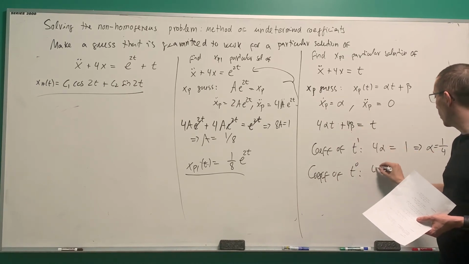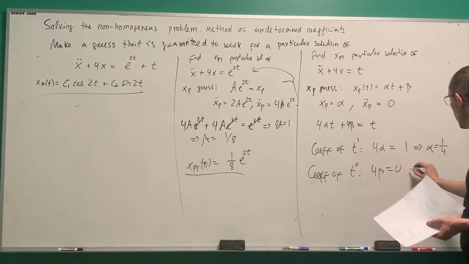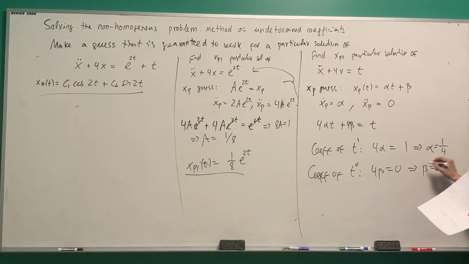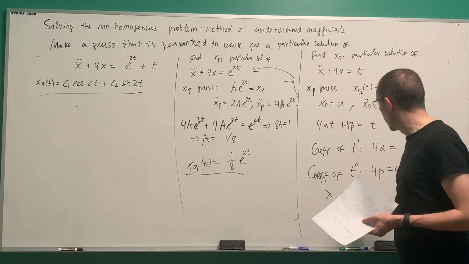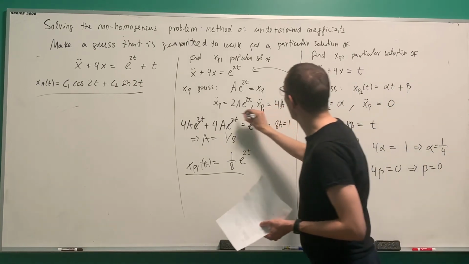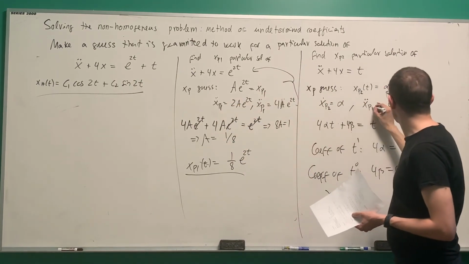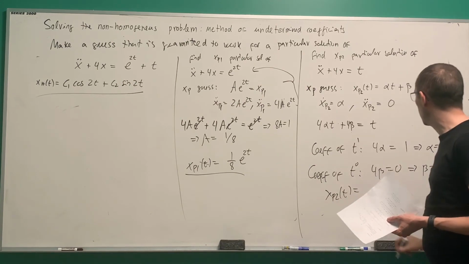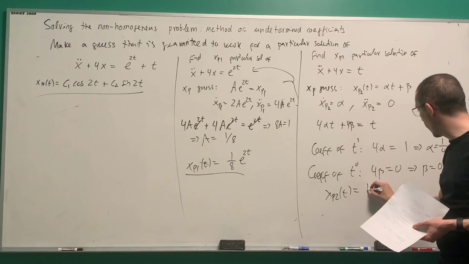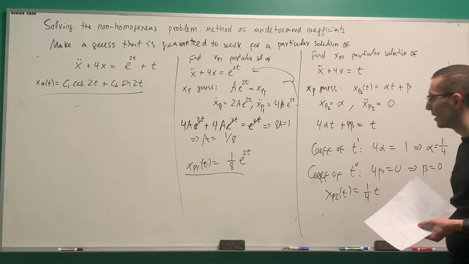So we have 4 beta on the left and 0 on the right. So that means that beta is 0. Wonderful. I found a particular solution too. xp2 of t is equal to 1 over 4 t.